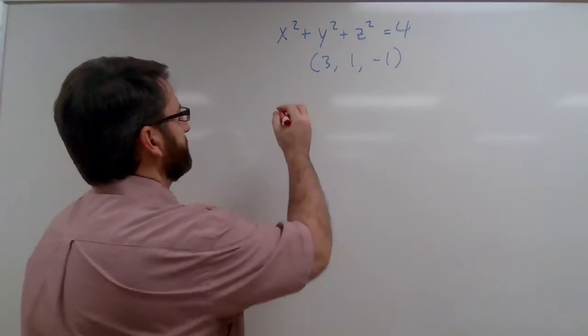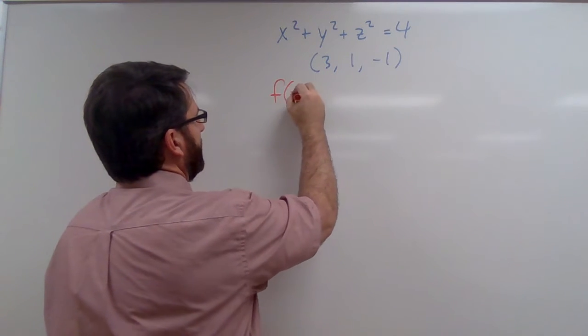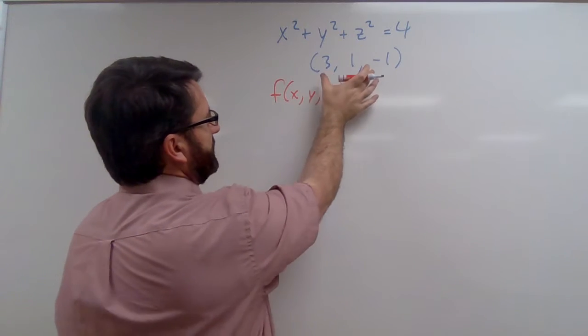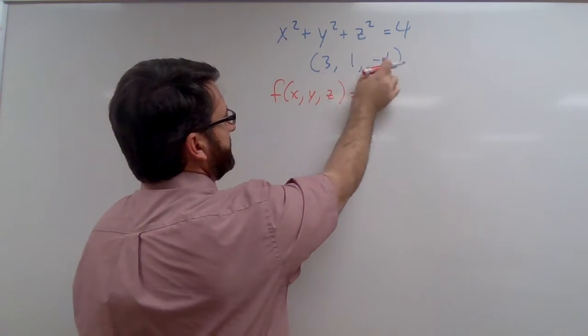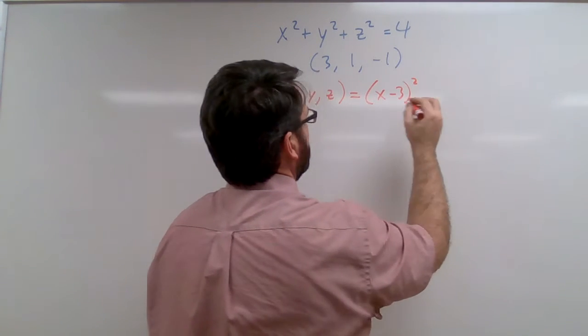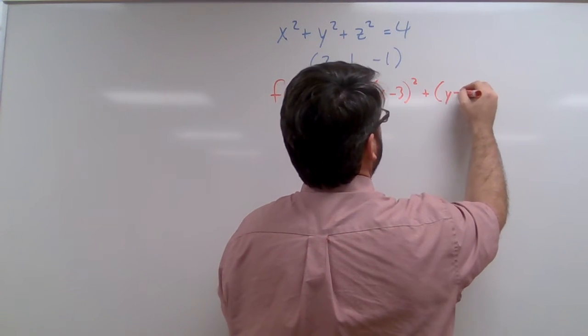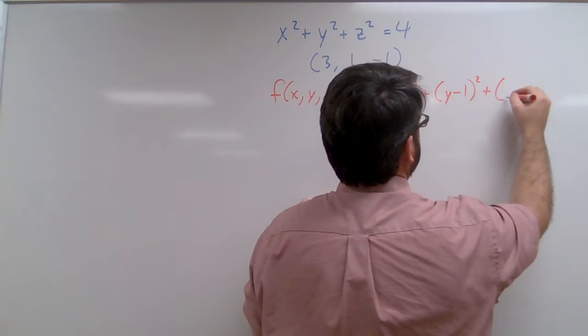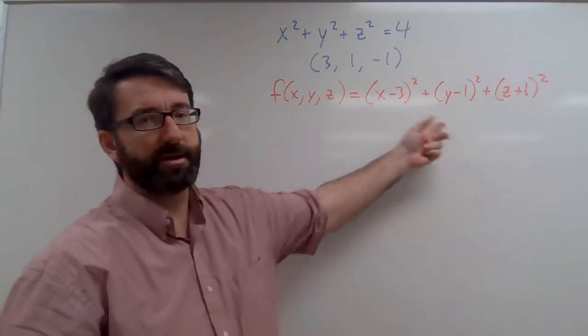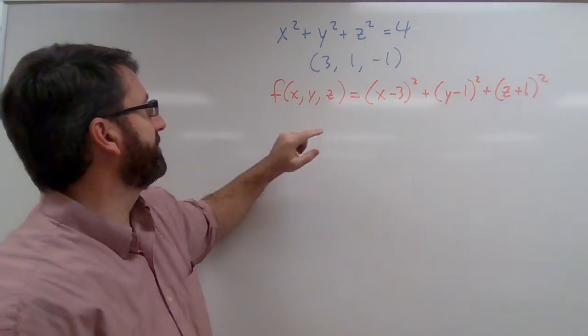So our function f of x, y, z is going to be equal to the sphere that's centered at this point. So that's going to be (x - 3) squared plus (y - 1) squared plus (z + 1) squared. So there's our function, this is our f of x, y, z.